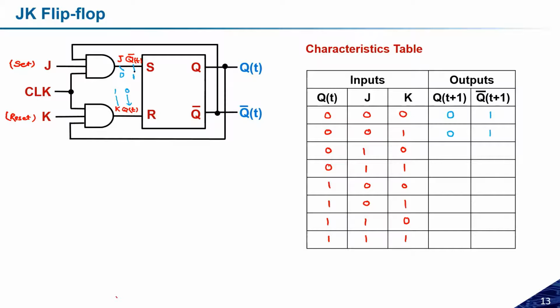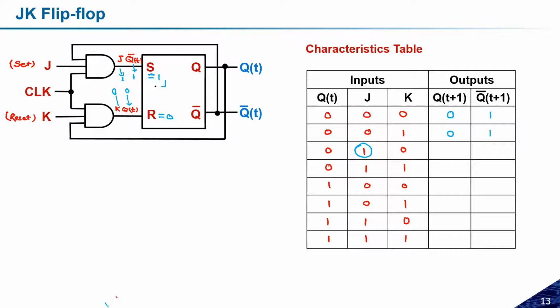Now we are making j equal to 1. J equal to 1 means we are making this j equal to logic 1, and k is 0. K is 0, which means r will become 0. But because j and qt bar are both 1, set will become logic 1.